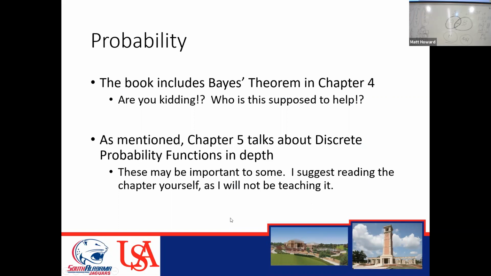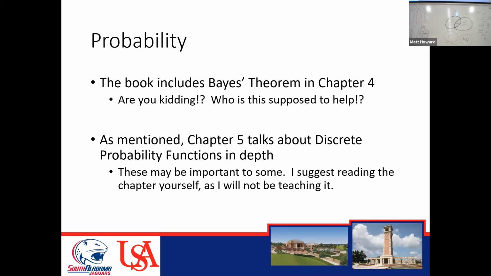All right, so then to finish this chapter on probability, the book includes Bayes' theorem in chapter 4. If you have the book, just cross out everything about Bayes' theorem. That is, we are not going to talk about that in this class. Bayes' theorem is something you can take an entire graduate seminar or multiple graduate seminars on. So there's no reason to really just touch upon it without talking about it more in depth. And also, as I mentioned, chapter 5 talks about discrete probability functions in more detail.